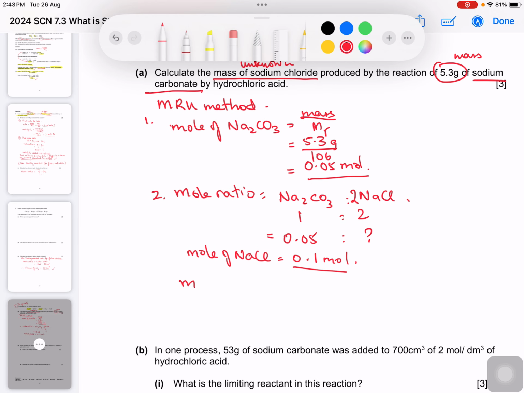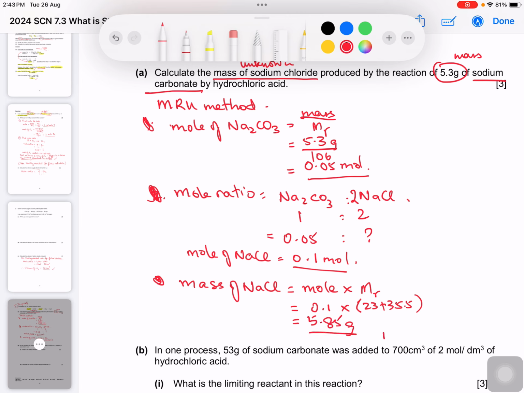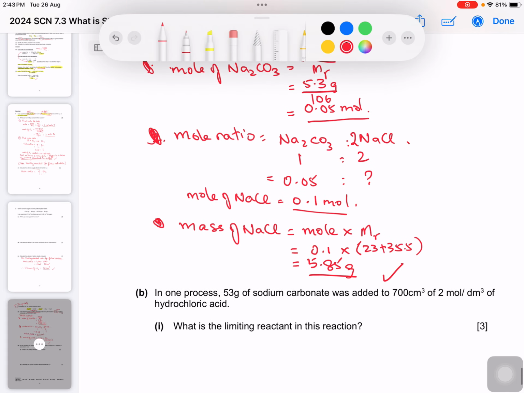So mass of NaCl will be equals to mole times mR. 0.1 times 23 plus 35.5. Answer is 5.85 grams. So part A done.